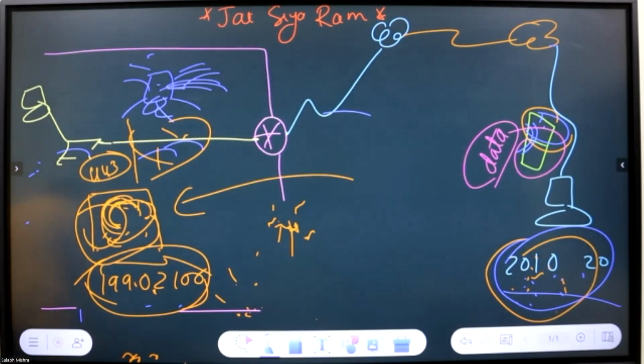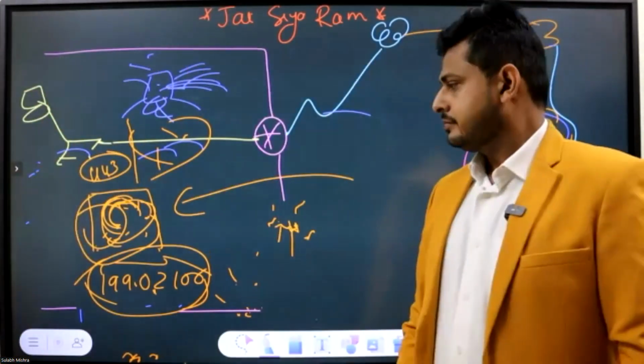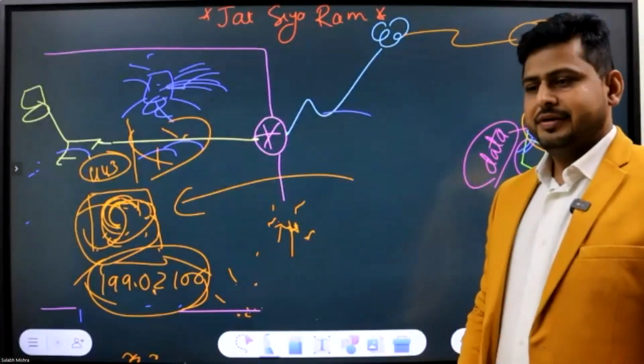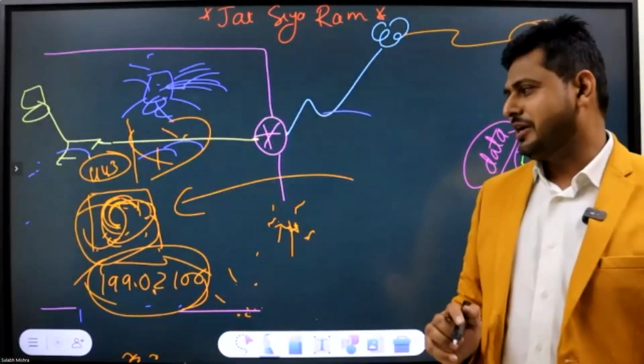Sir, I have a doubt. Is there any correlation between a port and the number of users that can access it? If we have port 443, how many users can access it at a time? It does not depend on that. This is an application, right?